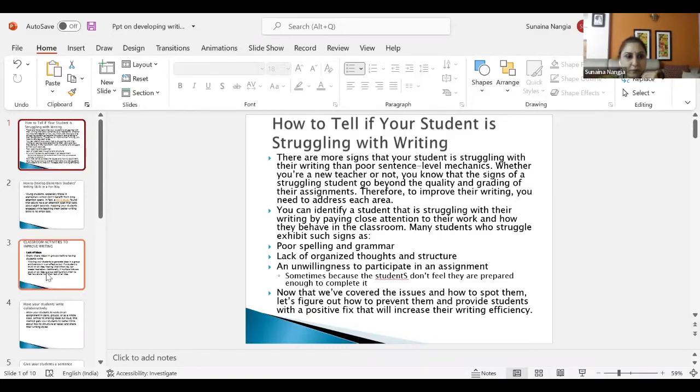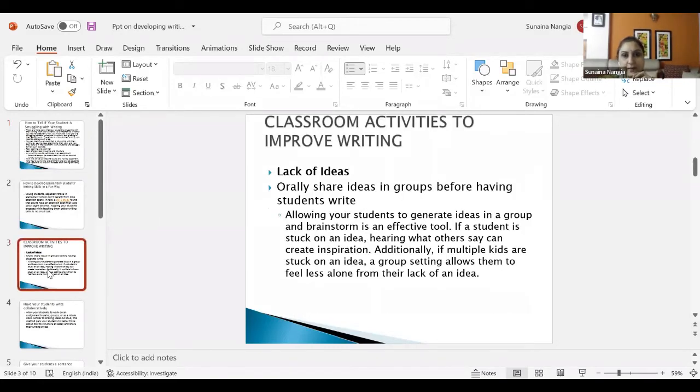So the second one I've already told. The third slide is classroom activities to improve writing. Okay, we generally have a lack of ideas. The children struggle because though the ideas might be there in their mind, they are not able to put that on paper. They don't know how to formulate sentences, how to do justice to their work, how to find words which will help them put their thoughts on paper.